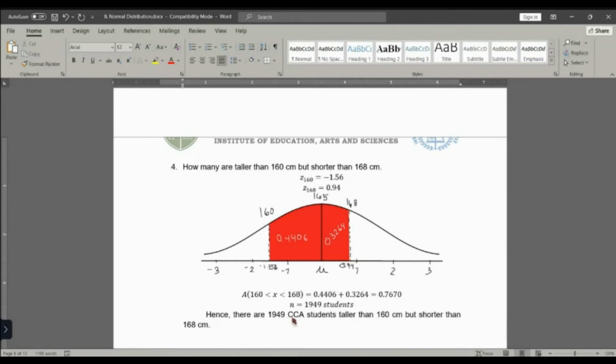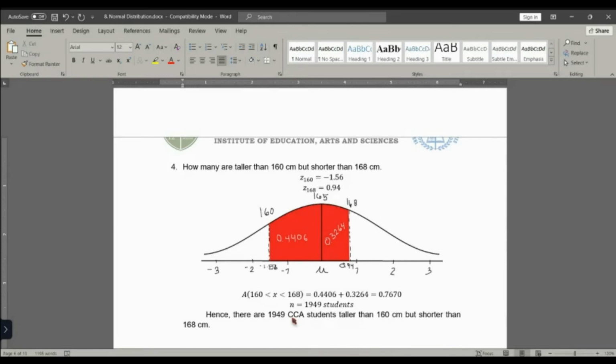There are 1,949 CCA students taller than 160 but shorter than 168 centimeters. Or you may also write whose height are between 160 centimeters and 168 centimeters. Okay, pareho lang yan.